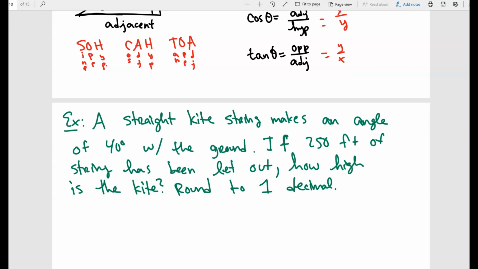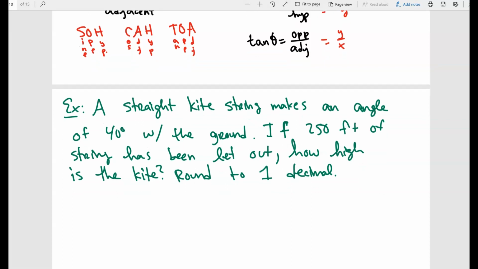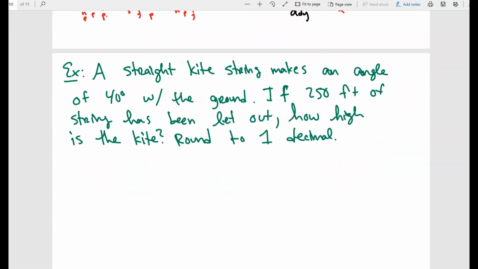So here is this question. A straight kite string makes an angle of 40 degrees with the ground. If 250 feet of string has been let out, how high is the kite? Round to 1 decimal place. Okay, so let's draw a picture of this.